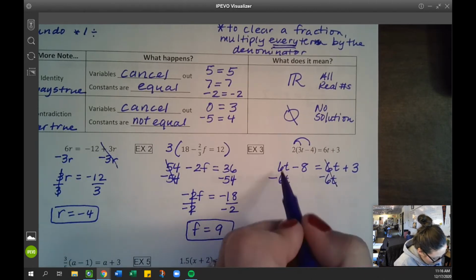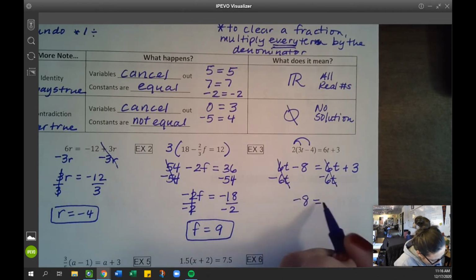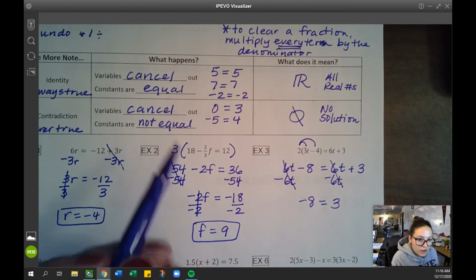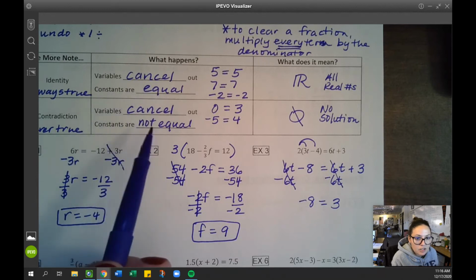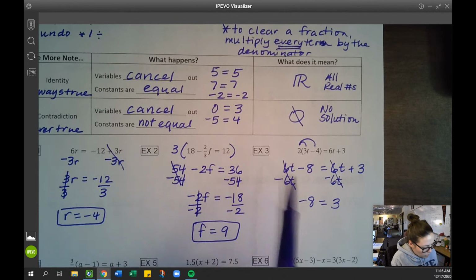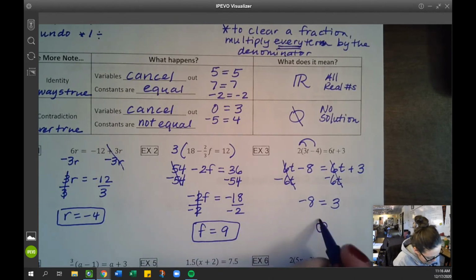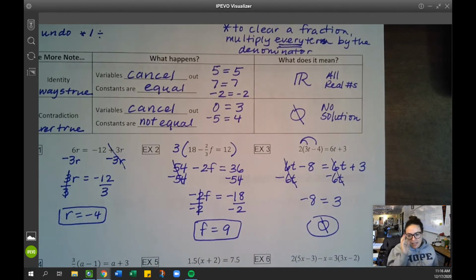That zeroes out, but so does this over here. And I'm left with -8 equals 3. All right, this is what we got going on here. Our variables canceled out, but our constants are not equal. -8 does not equal 3, so this is no solution.